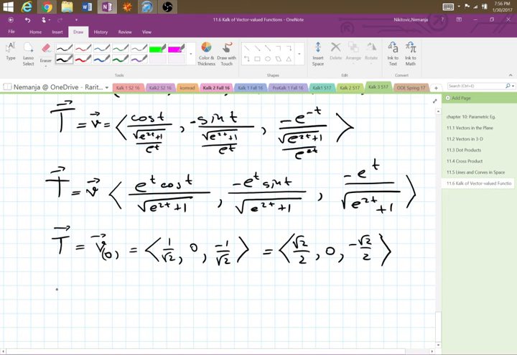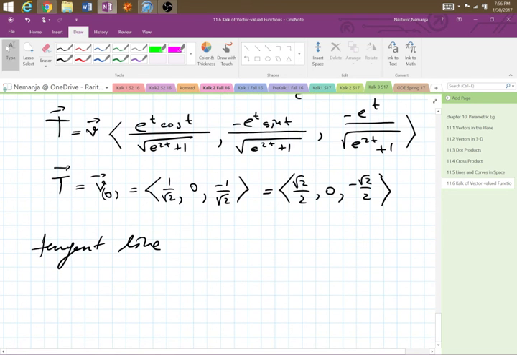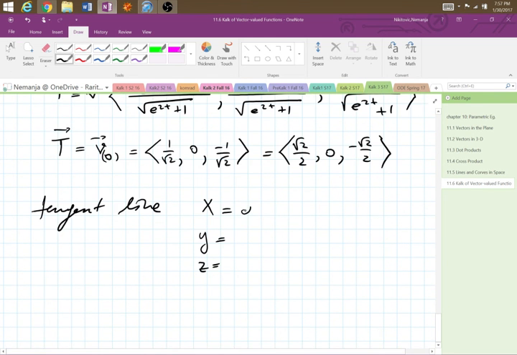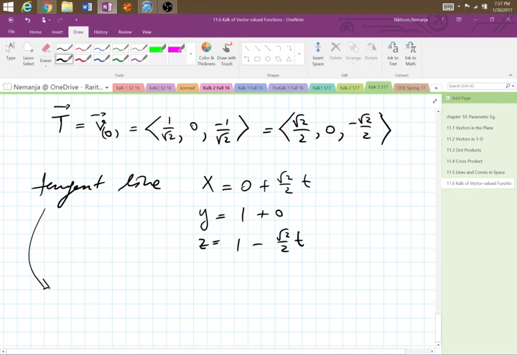And I can find the tangent line. X, Y, Z. We have this form where we are using, what was our point? We calculated 0, 1, 1. Root 2 over 2 t. There we go. So the tangent line R, well, we can't call it R anymore.